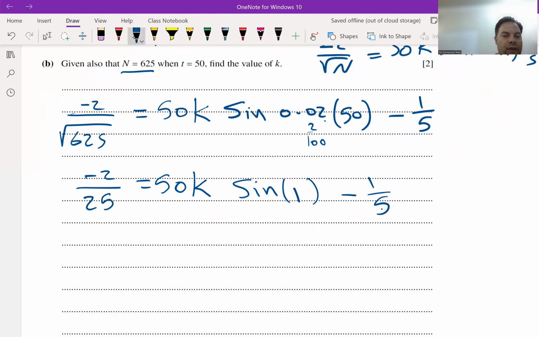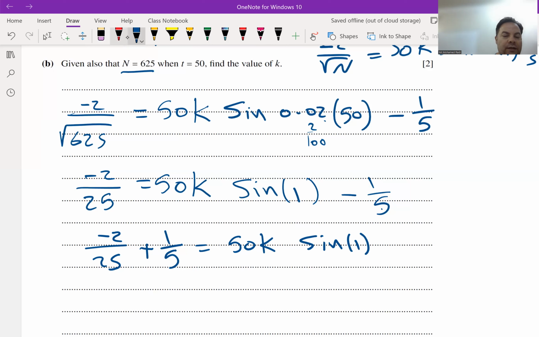Find the value of k. Now if you simplify, negative 2 over 25, move to the other side, will be plus 1 over 5 is equal to 50k sine 1. Remember, you have to use radian mode, so the angle unit is radians.